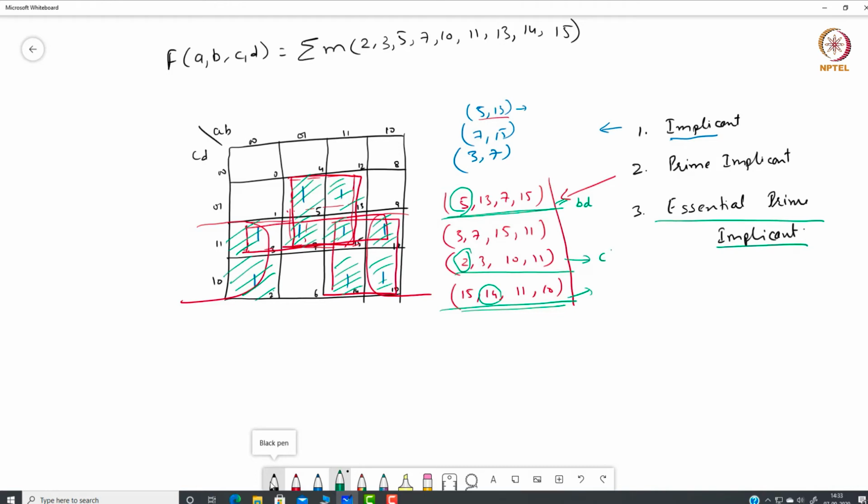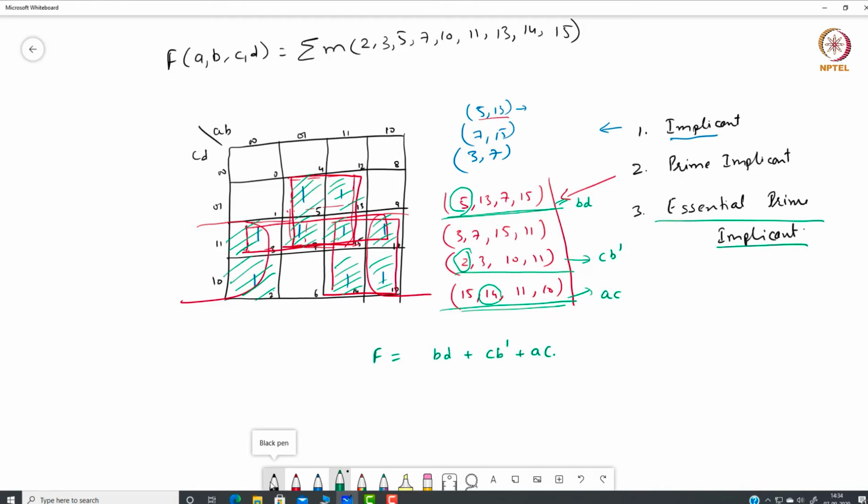So it is CB dash. For 14, 15, 10, 11, the invariant part is A and C. So the final function f can be written as BD plus CB dash plus AC. This is the minimum sum of products expression for this function.